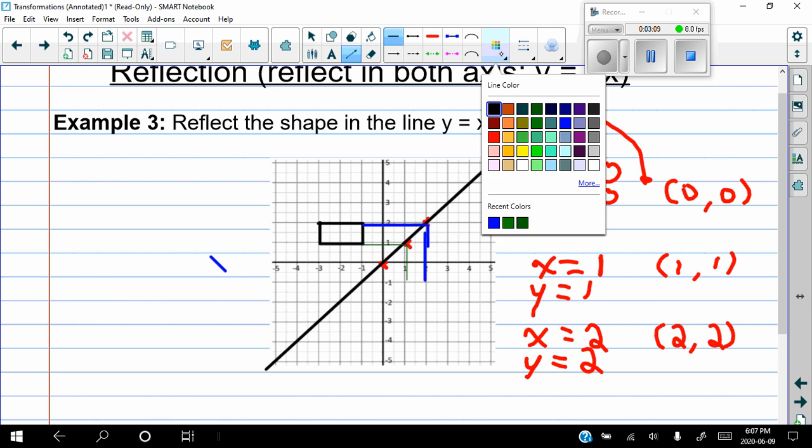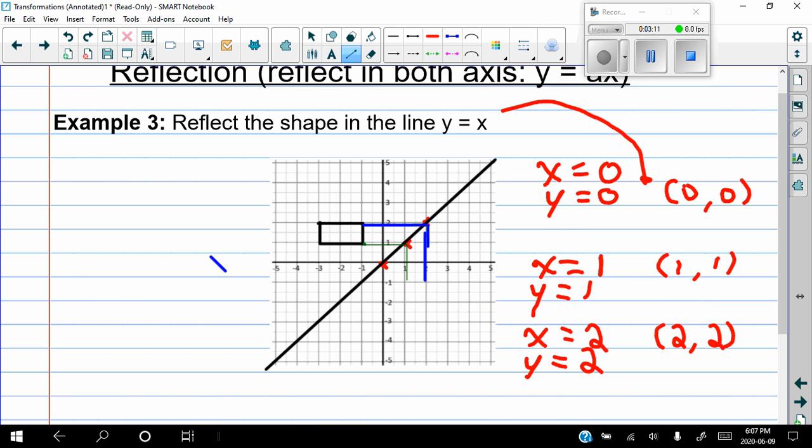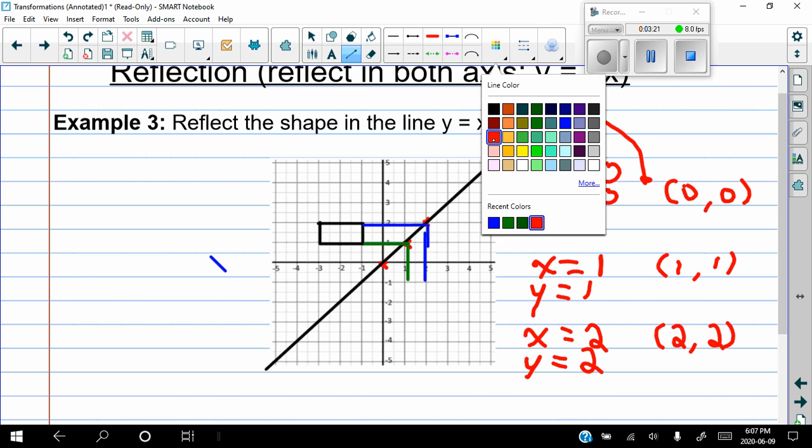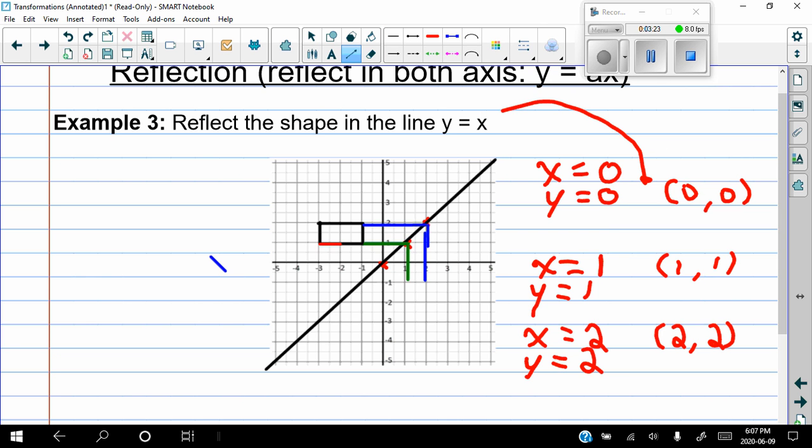I'm going to just make that line a little bit thicker so we can see it a little bit better. So we're 2 away there, then we're going to be 2 away in the y. Next, let's pick our next point. So I'm going to do it in red, and so we're 1, 2, 3, 4 away. So we're going to overlap the green one, and we're going to be 1, 2, 3, 4 away, and we'll be able to make another point.